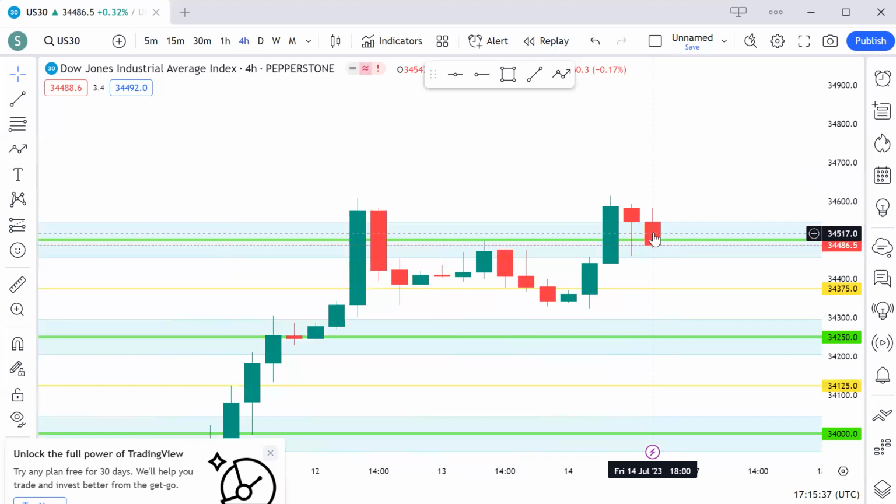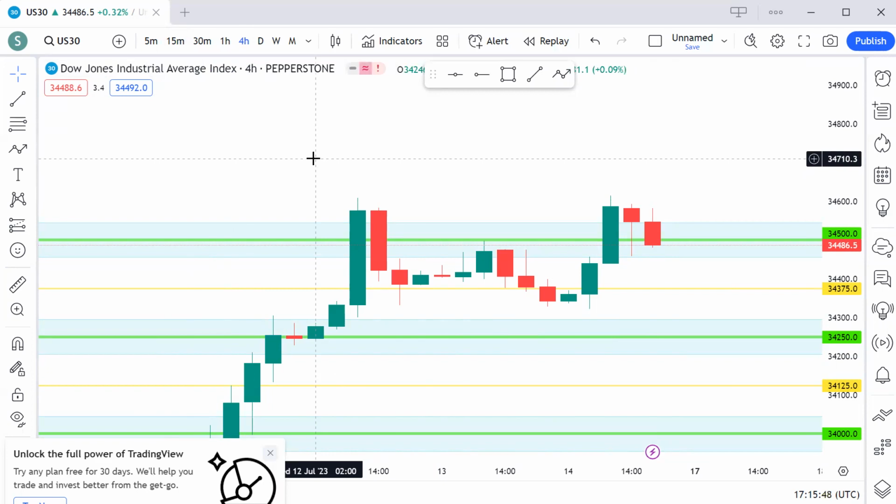You cannot look for overall market direction lower than the 4 hour because you're going to find lies. The 1 hour, 30 minute, and 15 minute is only to find chart patterns based on your daily time frame and your 4 hour time frame overall analysis.